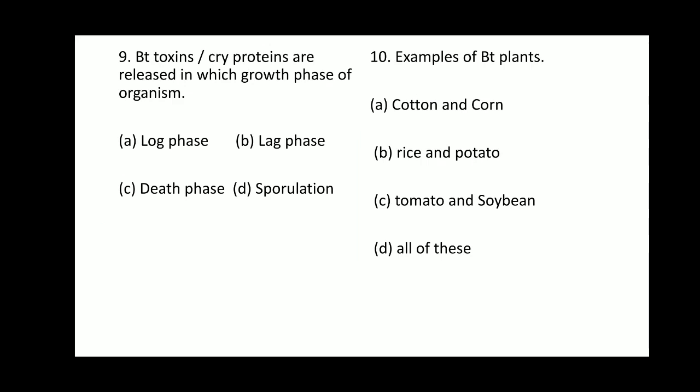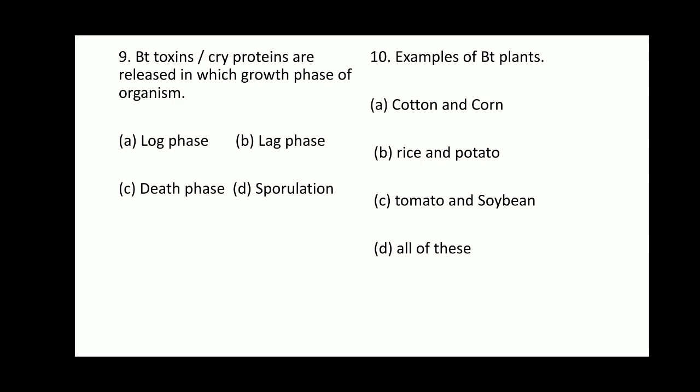Bt toxins or cry proteins are released in which growth phase of the organism? When I was explaining about the Bt toxins, I already explained in which growth phase these Bt toxins are produced, or these cry genes are expressed.